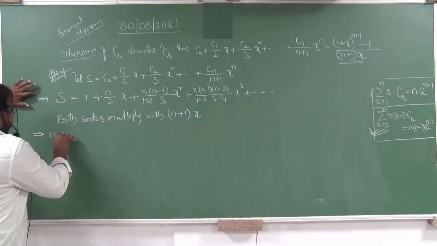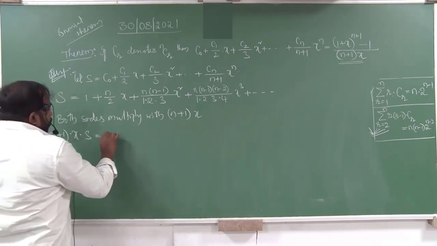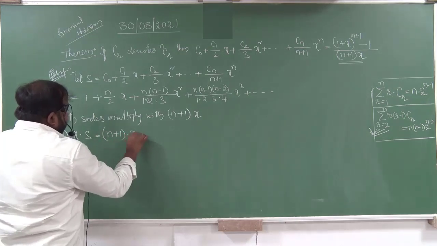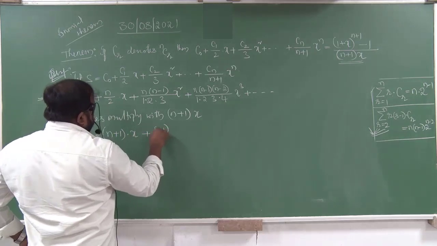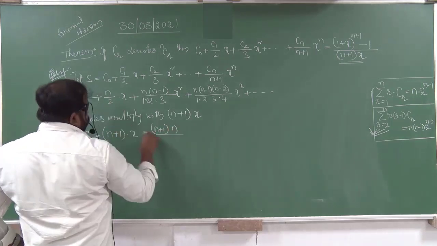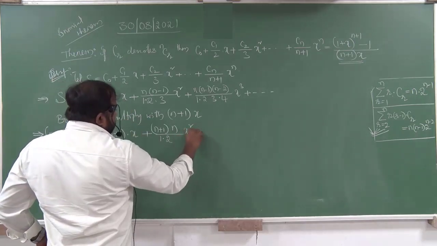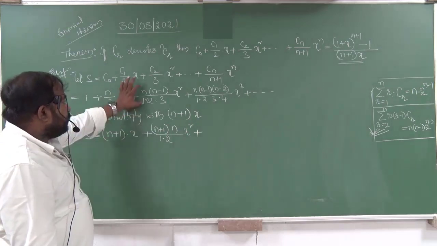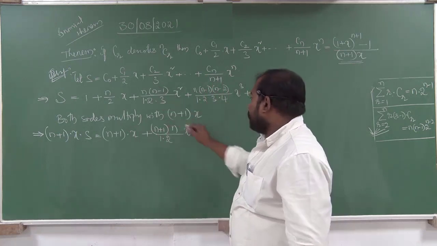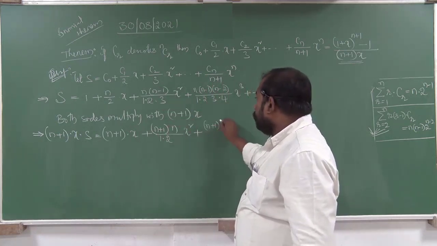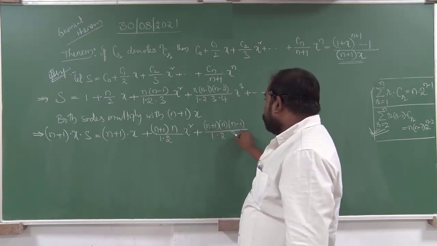Here it is: n plus 1 into x into s is equal to this value, n plus 1 into x into 1, plus this value, n plus 1 into n by 2, meaning 1 into 2 I can write, into x. Already x is there, you will get x square. What is the next term? If you multiply this term with n plus 1 into x, what will you get? n plus 1 into n minus 1 by 1 into 2 into 3.